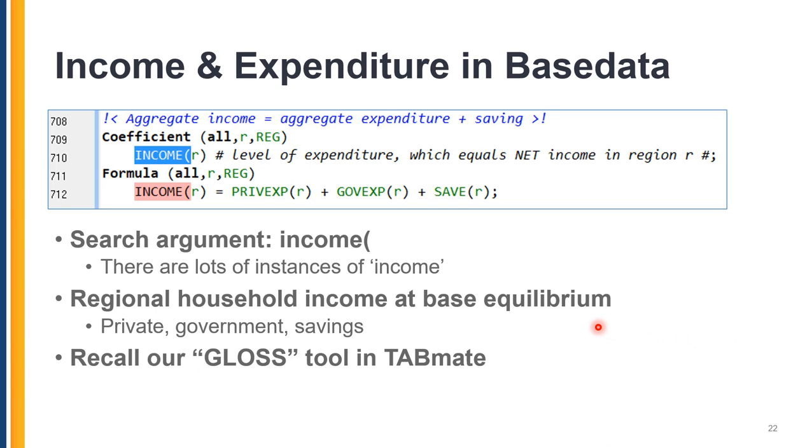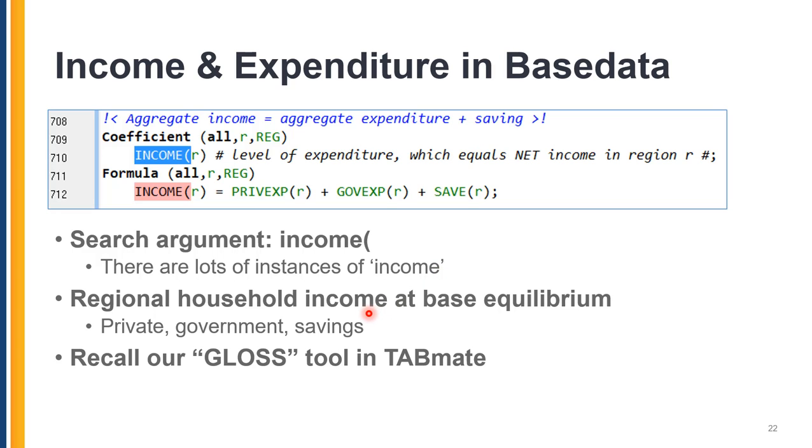Okay, we're going to start our examination of the data by looking for income in the code. And so we're going to use the search argument of income. You'll find that the word income shows up in GTAP a lot, as you might expect.